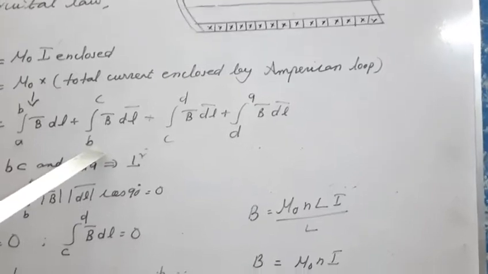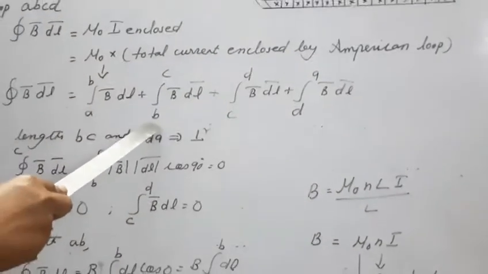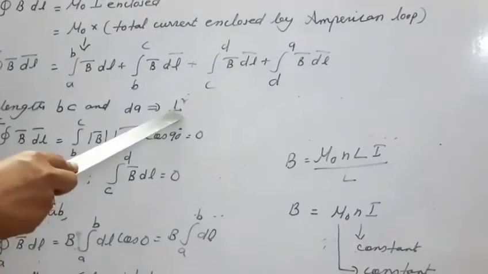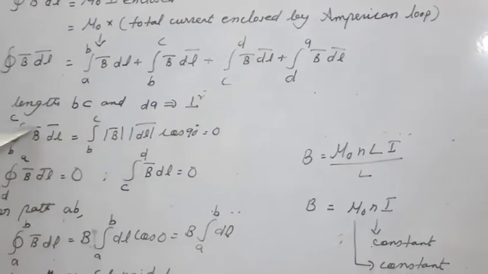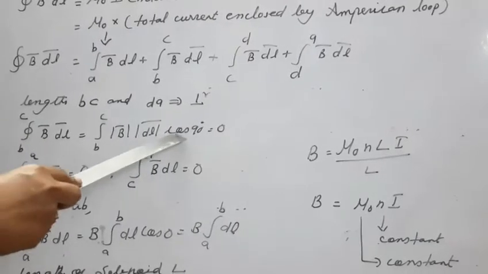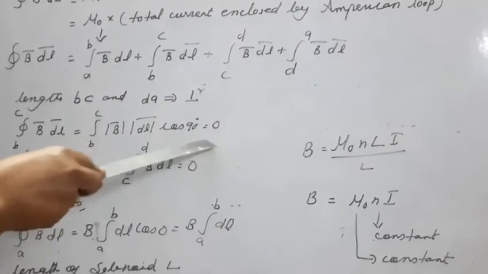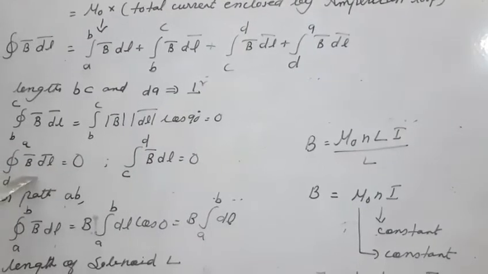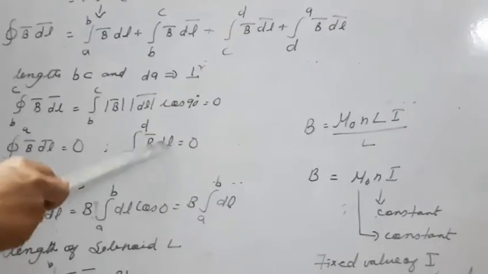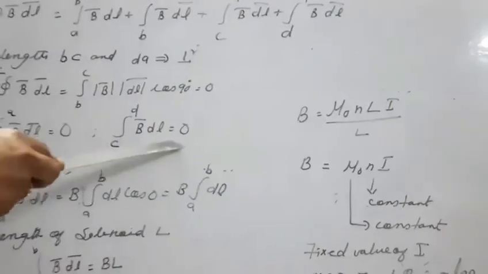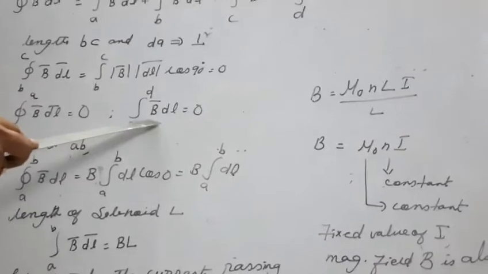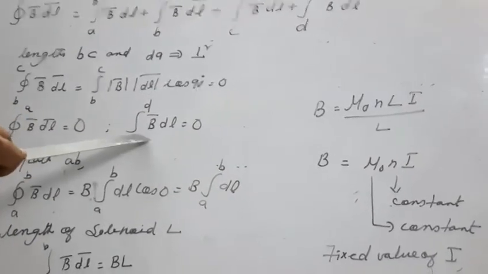Here, the elemental lengths along BC and DA are perpendicular to the magnetic field. Therefore, when we take the limits B to C, we can substitute cos 90, which is equal to 0. Therefore, this value is completely 0. The integral from D to A of B·dl is also 0. Then CD lies outside the solenoid where the magnetic field is negligible, therefore the CD value is also 0.